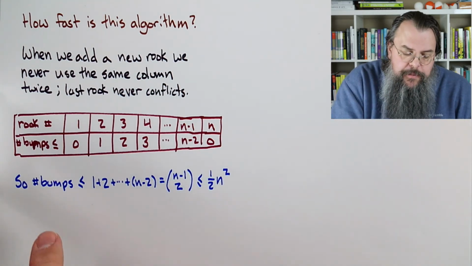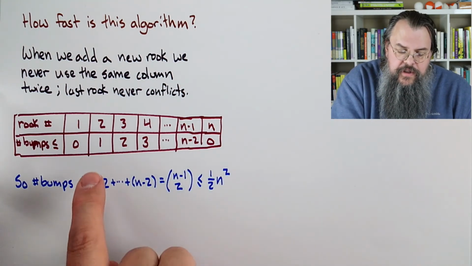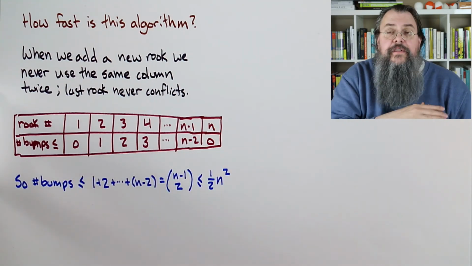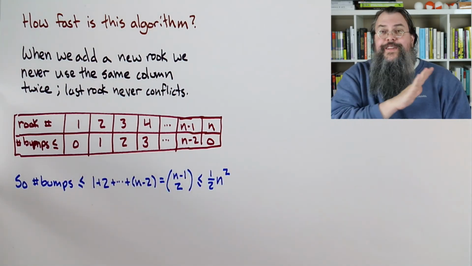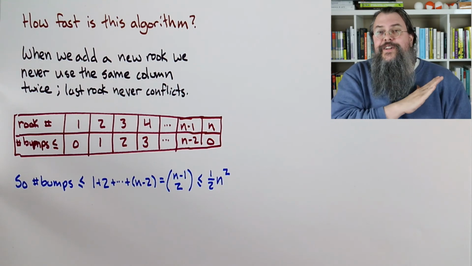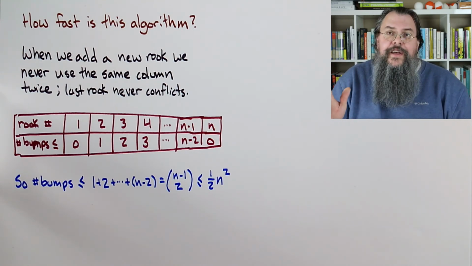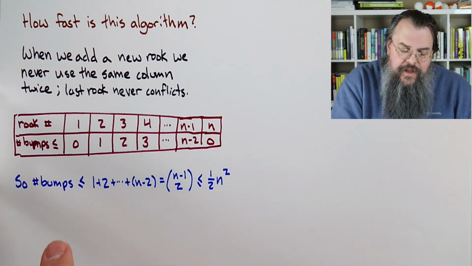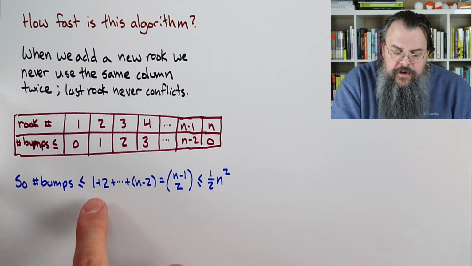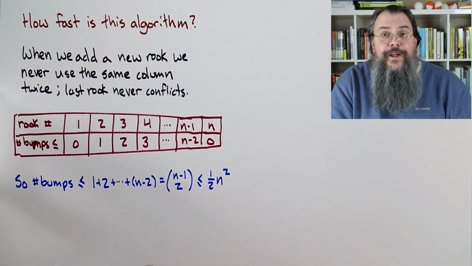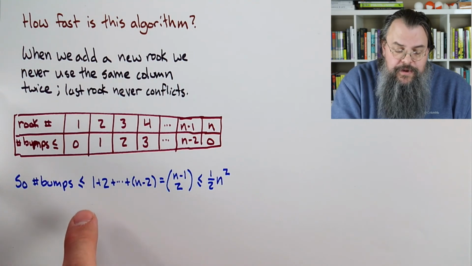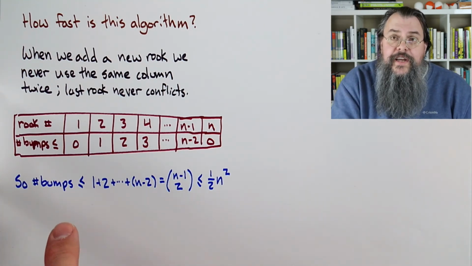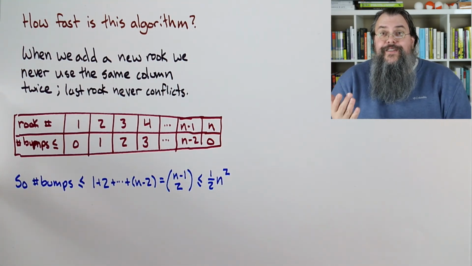So the number of bumps you need is at most the sum of what you see here. And this is an upper bound. I'm not claiming that this is the truth. I'm just saying, let's do some really back of the envelope computations here. You never need to bump more than 1 plus 2 plus 3, all the way to n-2. Well, we've seen these kinds of numbers before. These are triangular numbers. We know how to add these up.